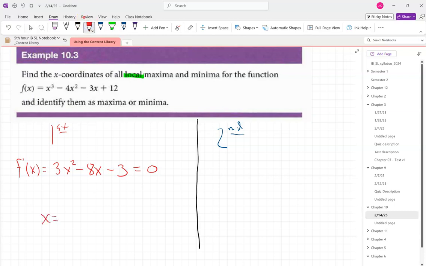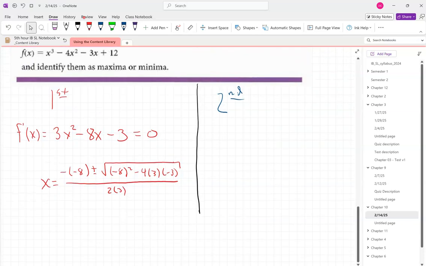So the quadratic formula again is negative b plus or minus the square root of b squared minus 4ac, all over 2a. So negative 8 squared is 64.